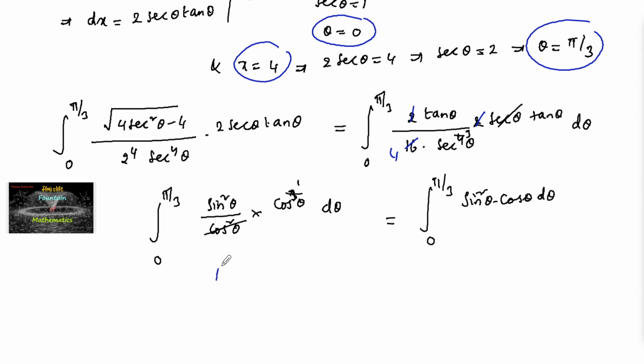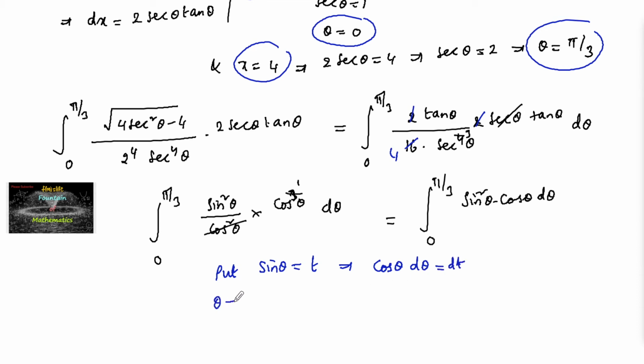Now let us substitute, put sin theta equal to some variable t, so that on differentiating, we'll have cos theta d theta equal to dt.